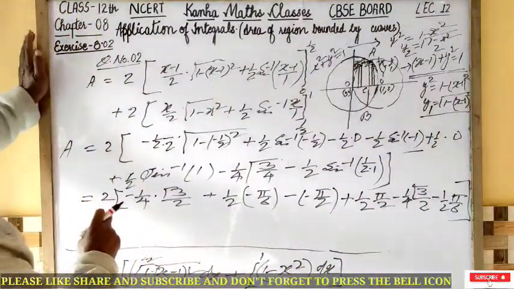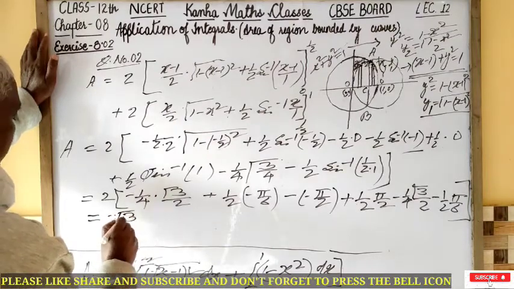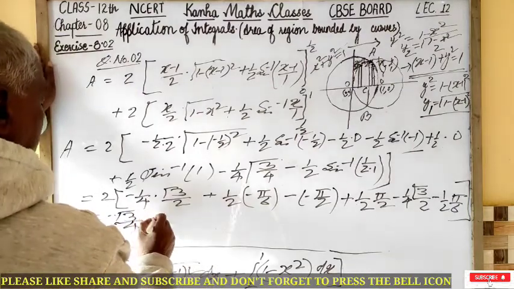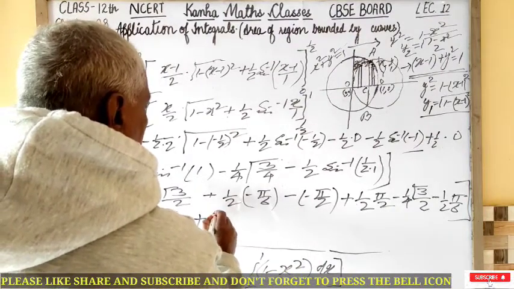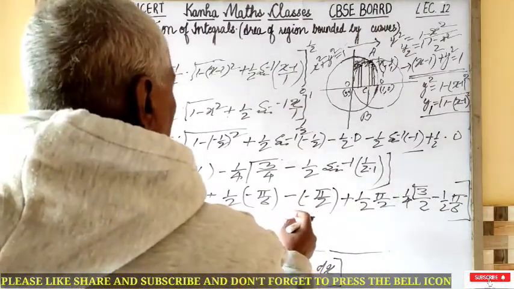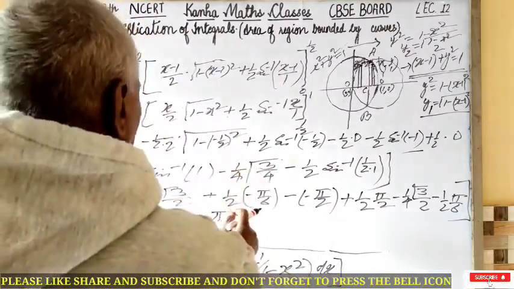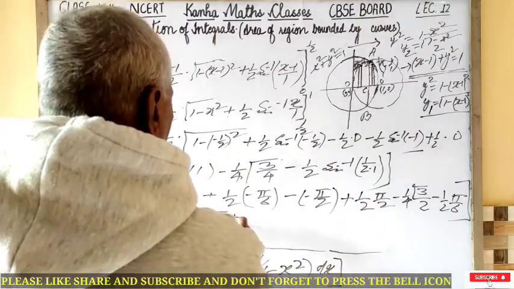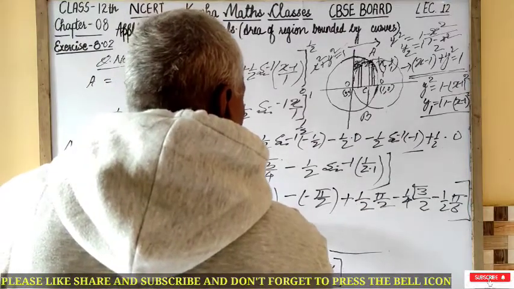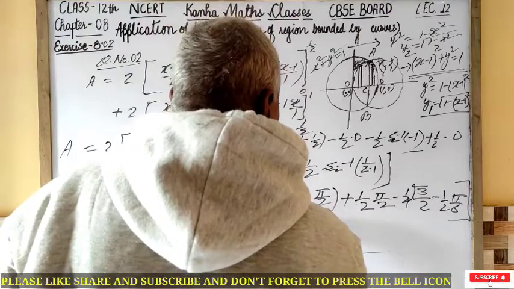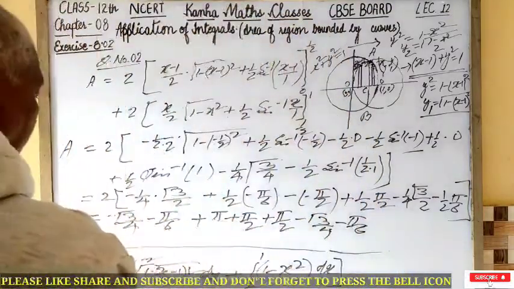Now 2 will be cut by 2, this will be minus root 3 by 4, and this will be minus pi by 6, and this is plus pi by 2, plus pi by 2, and minus root 3 by 4, and minus pi by 6.